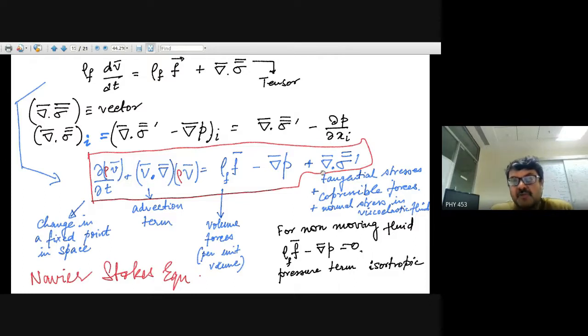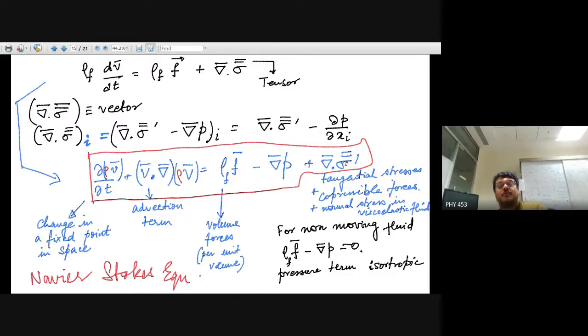So our next focus would be the divergence. How would this term look? The divergence of the stress tensor dash, because I have written the minus grad p separately. Now if you had flow in steady state, with no explicit time dependence, or a non-moving fluid, and no relative velocity gradients, these terms would drop off.